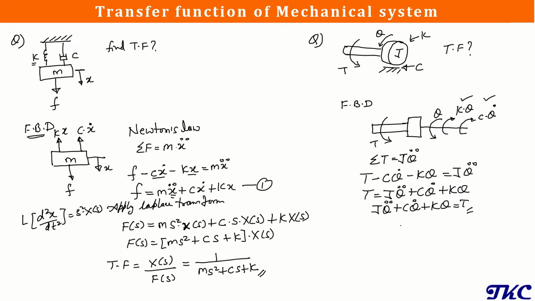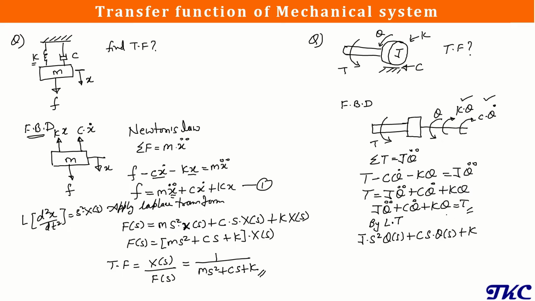Now once we got the equation of motion, we need to apply Laplace transform. So by applying Laplace transform, we can get the transfer function. So it will be J into S square times theta of S, plus C times Laplace of theta dot, which will be S into theta of S, again plus K into Laplace of theta.